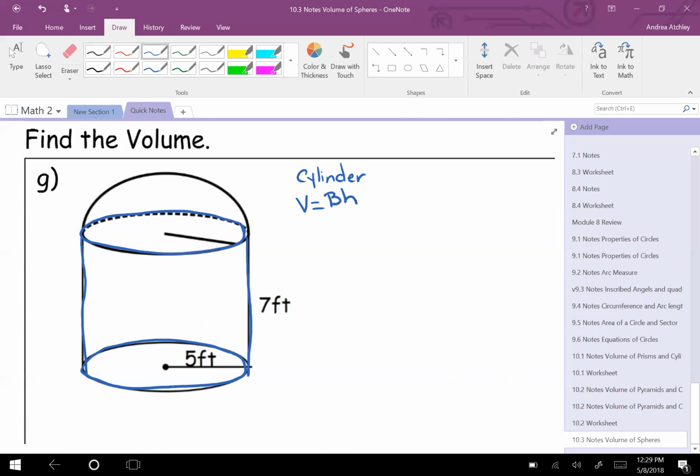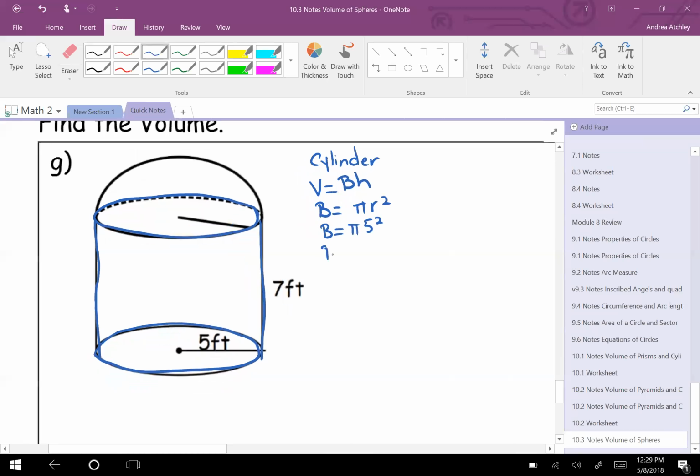Okay, so the base of the cylinder is a circle, and the area is pi r squared. So the area of the base is pi times 5 squared, which is 25 pi. I'm going to leave pi right there. I'm not going to round till the end.